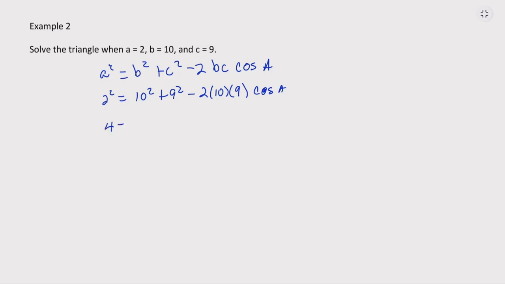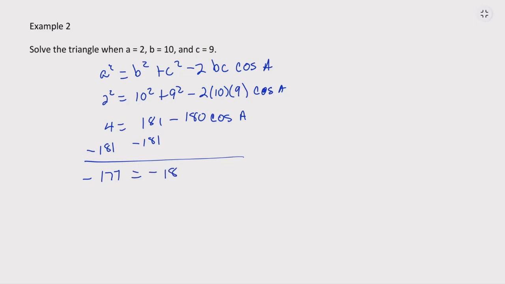So this is 4 equals 181 minus 180 cosine of A. Subtract 181 and we get negative 177 equals negative 180 cosine of A. Divide by negative 180.